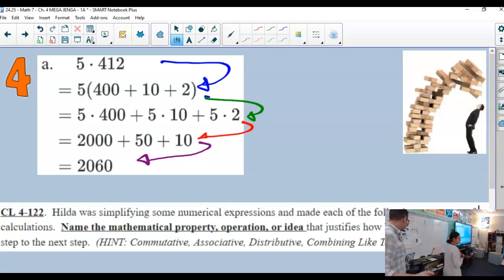Yeah, exactly. It's probably just doing the same thing. So number 2, how's that one? Or number 3. Could use the same justification multiple times.